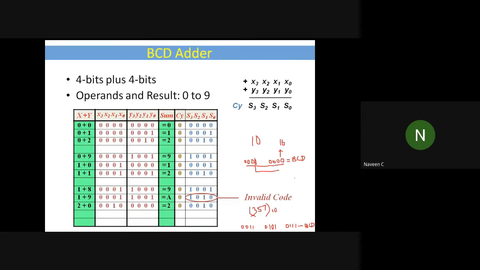How to convert decimal to binary: 357, we divide by 2 and we get 178 with a remainder of 1. Then 178 divided by 2 gives 89, and so on. Finally you write the remainders in this direction to represent the number in binary.